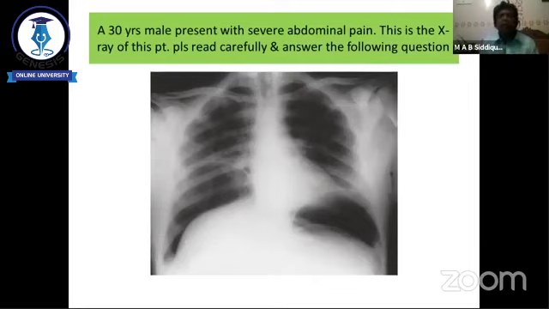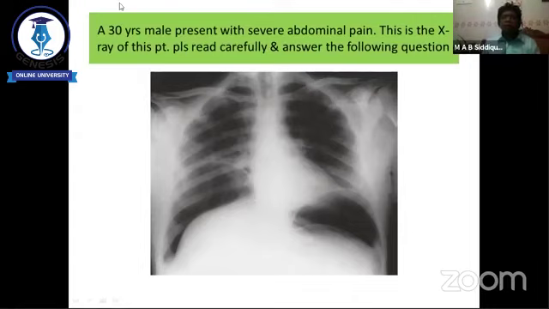Sometimes there may be a scenario at the top of the X-ray that helps you to identify it, and sometimes the scenario may not be present. If you look, a 30 year old may present with severe abdominal pain, this is the X-ray of this patient. Please read carefully and answer the following questions.